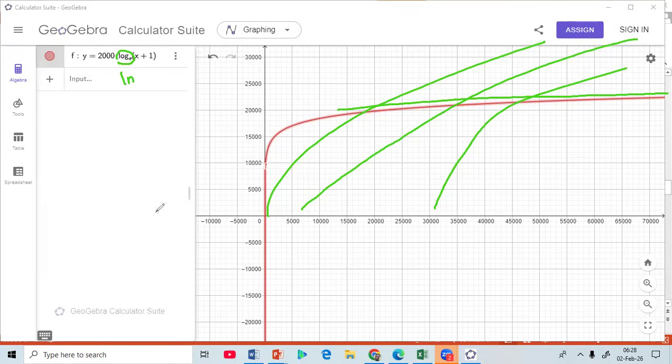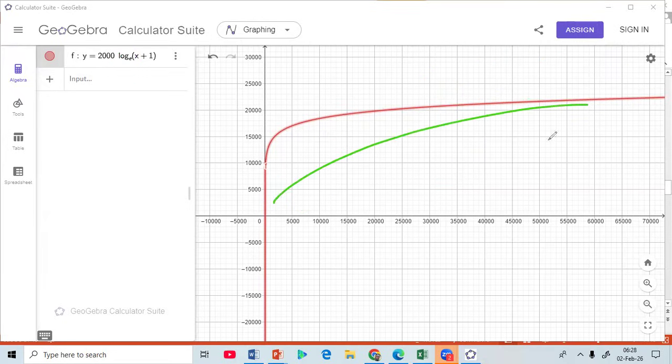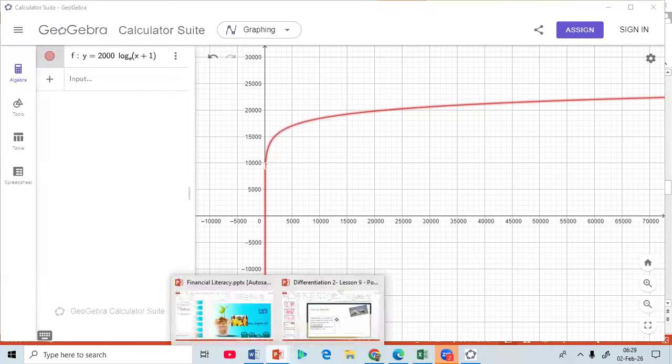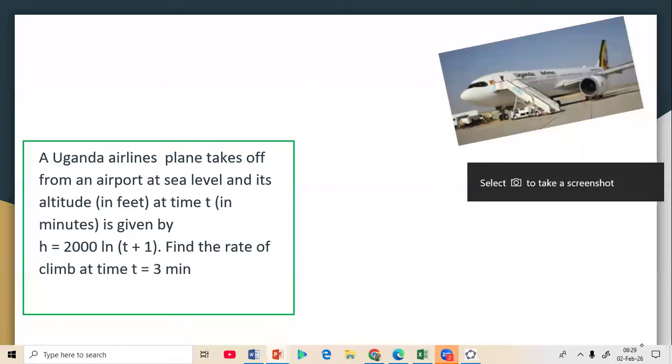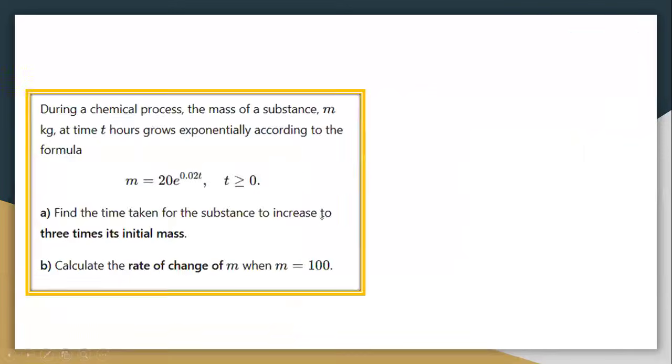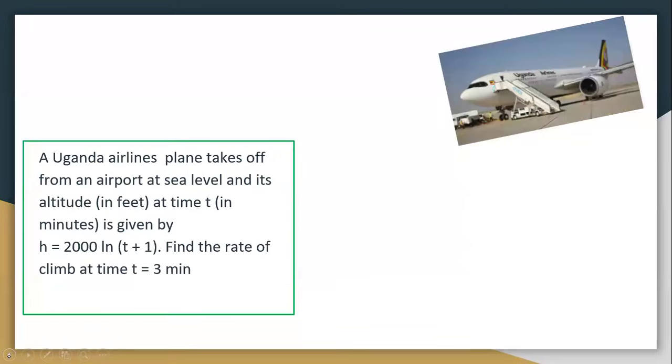The same thing can happen when you are playing soccer and you kick a ball. You look at the ball going somewhere like that. So those kind of models, we can use these natural logarithms to come up with such. That's what it's trying to show you. So allow me to go back.